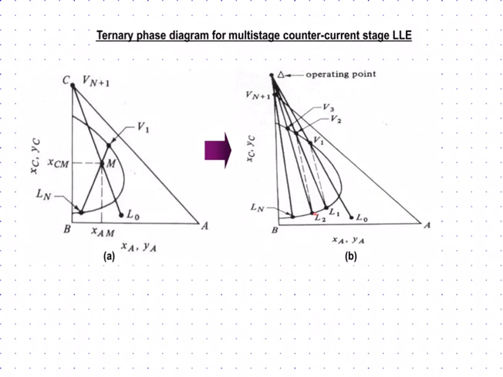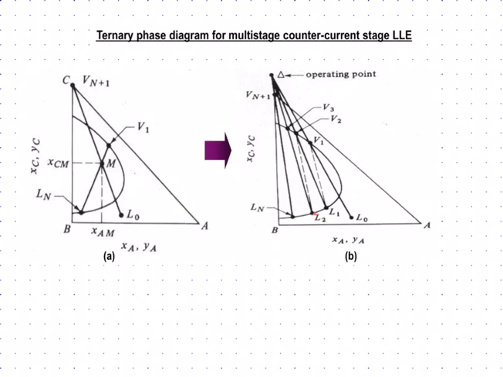So once you know the reference point, now it's easy for you to know how to draw the tie line. So you have to connect between L1 to V1, L2 to V2 using dotted line. Okay, Ln, so definitely Ln to Vn plus 1.